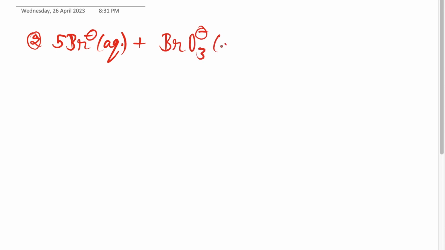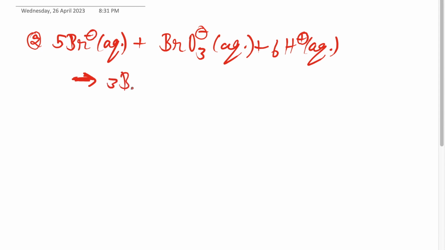Now let's consider another example. 5Br⁻ bromide ions plus BrO3⁻ aqueous plus 6H⁺ aqueous gives 3Br2 aqueous plus 3H2O liquid.